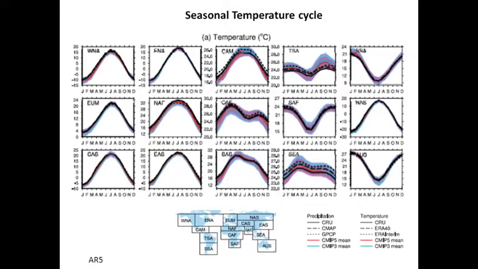Yes or no? For Central Africa, do you think that the model is representing? Yes. Here black is observed, and red is the model. So there is a little underestimation in November, December, but the variability is okay.